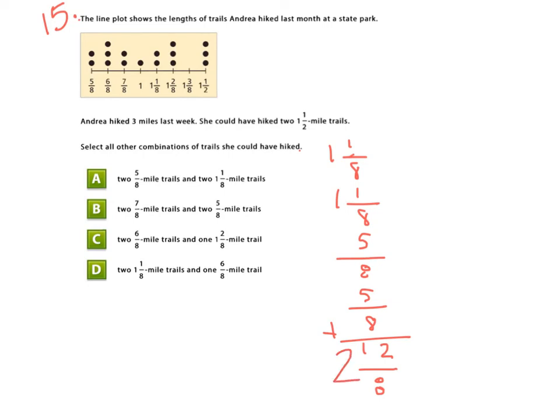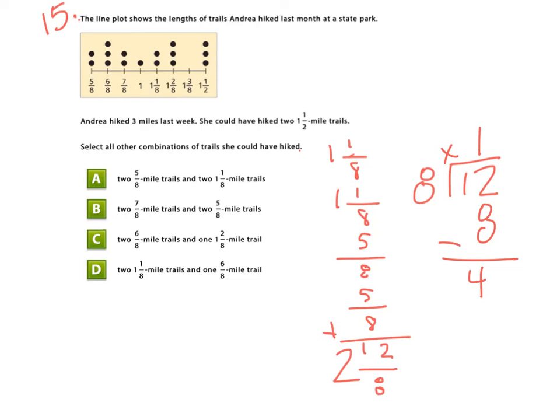Now we can simplify our improper fraction to 12 being divided by 8, and 8 will go into 12 one time. 8 times 1 will give us 8. Now we're going to subtract. 12 minus 8 will give us 4.